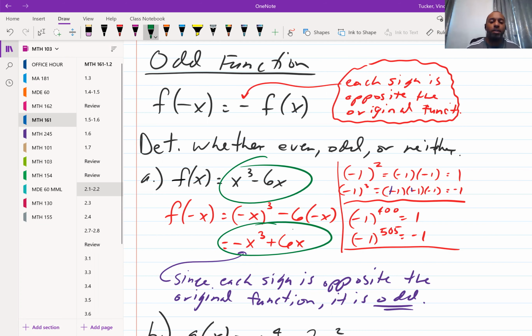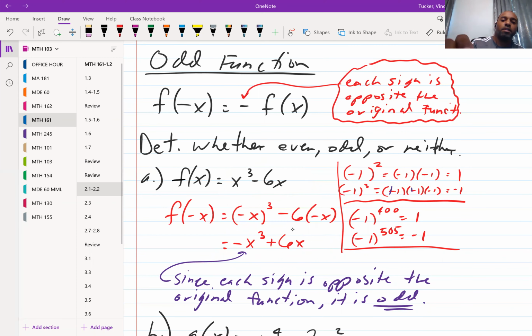Since each sign is opposite the original function, it is an odd function. All right. Questions on A before we go to B?